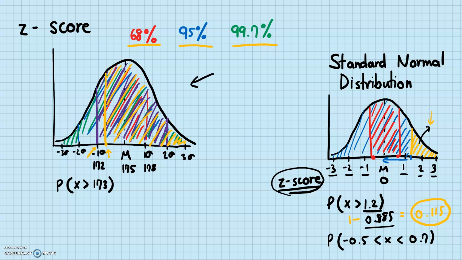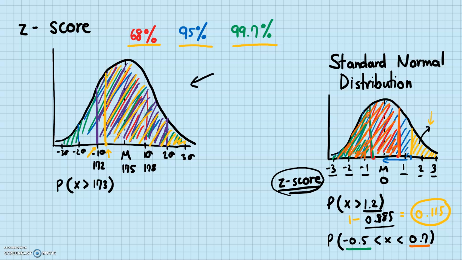When we find the z-score for negative 0.5, it's going to give you this area right here, right? It gives you the area to the left. And also when you find the z-score for 0.7, it's going to give you the whole area.